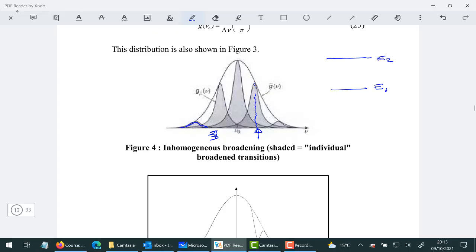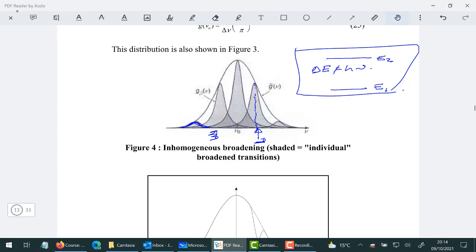So remember, if the delta E is not equal to h times nu, we don't get a transition. If it's not equal to the gap, we don't see anything. So if we apply a frequency here at nu, then the atoms which are doing this sort of transition don't care what's happening over here, because they won't interact with it because of this condition.